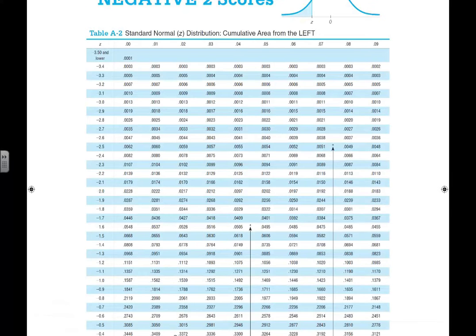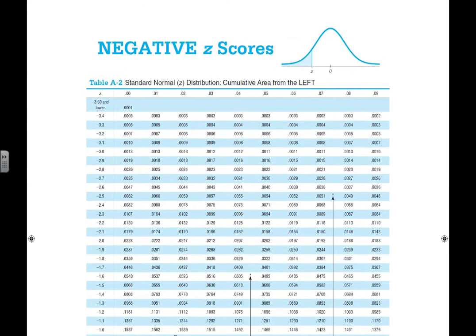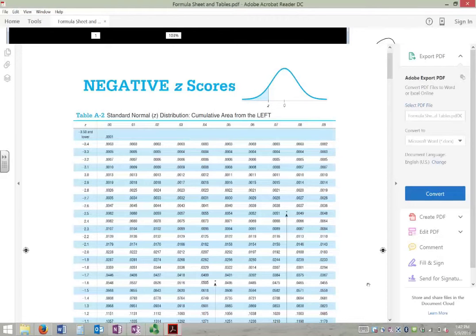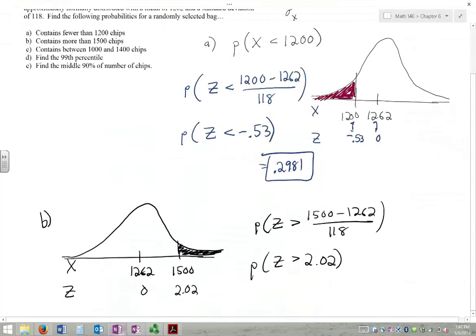What I want to point out in the table now is this table gives us areas to the left. What we're looking for is an area to the right of z equals 2.02. So there are a few ways we could do this.